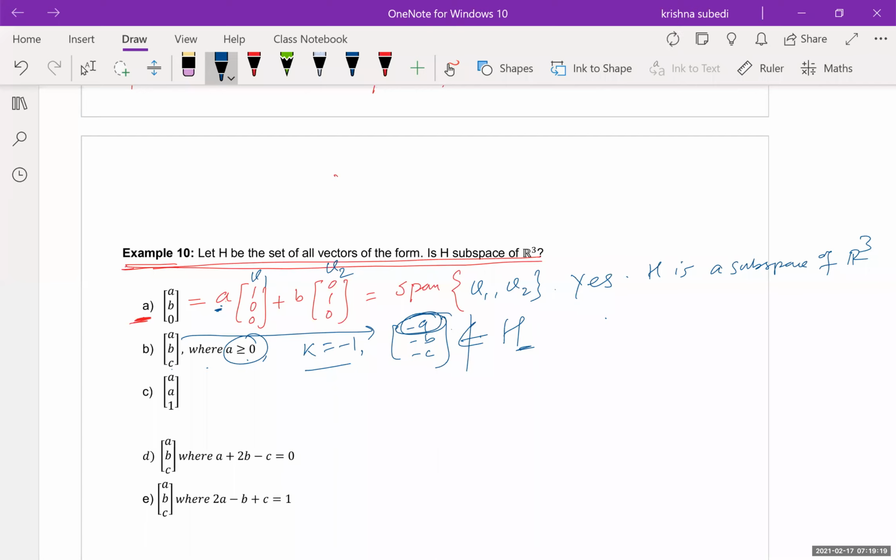In this kind of problem, you don't have to prove all of these. You just think in your mind and write the reason why you think it is not a vector space.